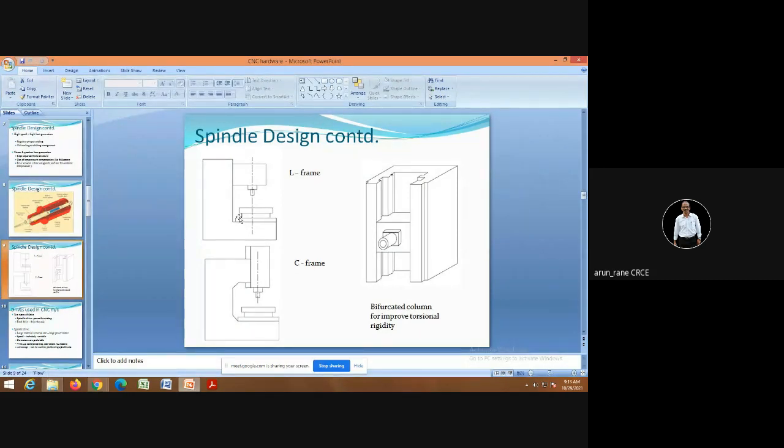There are different styles or patterns or types as shown in the figure. That is, you have the L frame structure, you have the C frame structure, and another type is bifurcated columns.